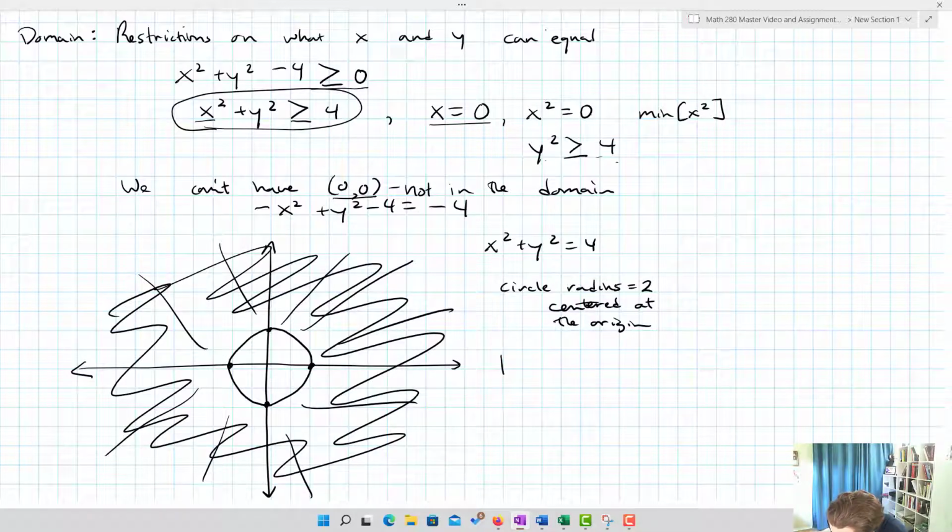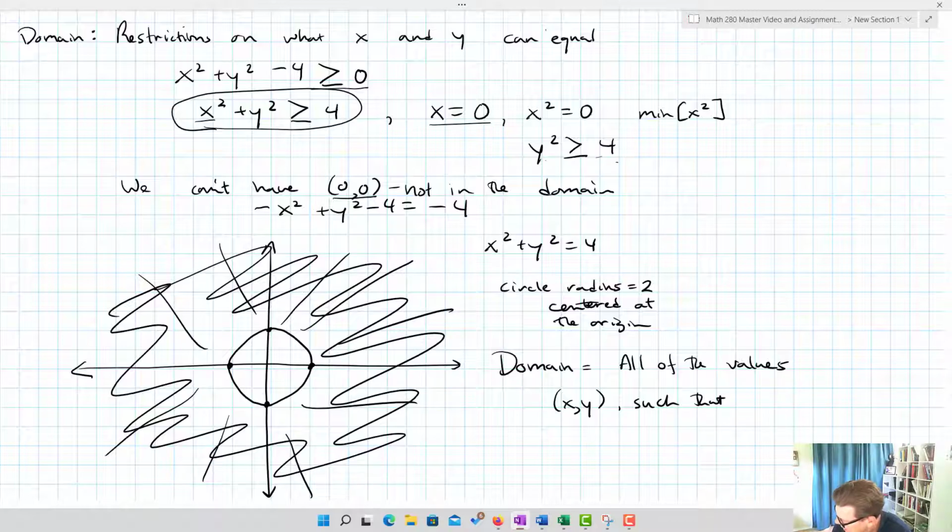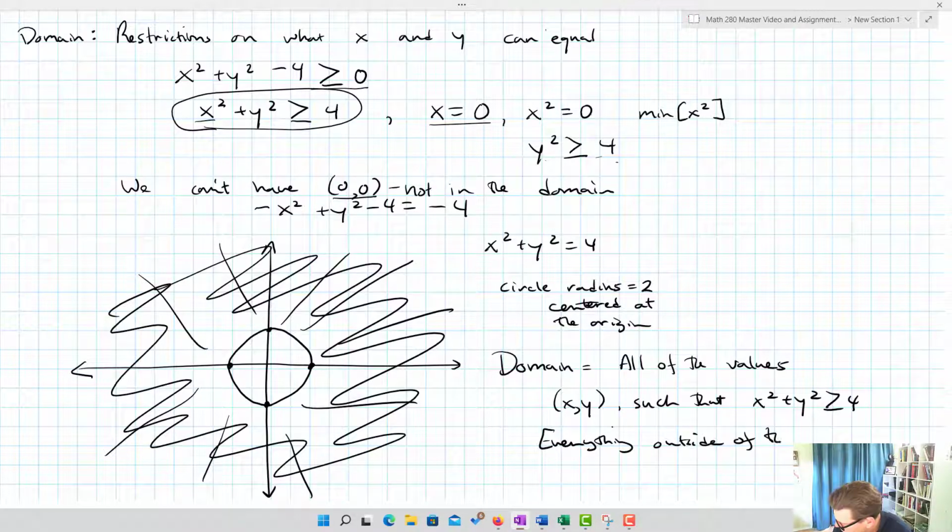So my domain is all of the values (x, y) such that x squared plus y squared is greater than or equal to 4, or everything outside of the circle of radius 4 centered at the origin.